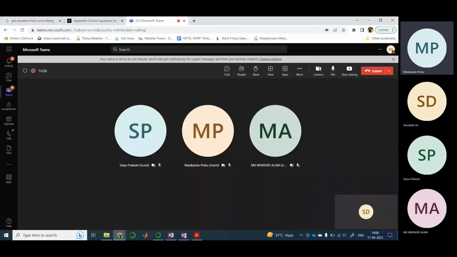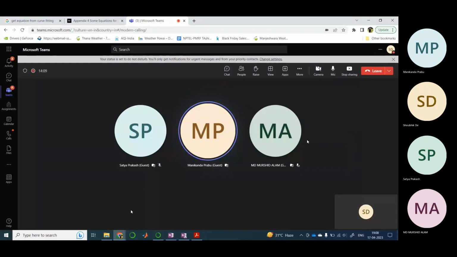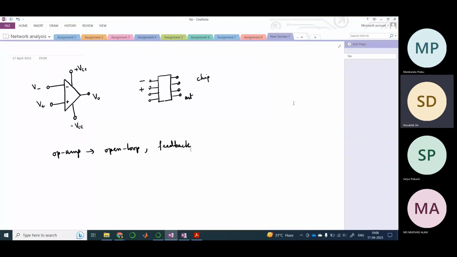To nullify the op-amp gain as well. No, infinite gain. You are talking in terms of the op amp, that is okay. But in general, if anyone asks what you mean by a feedback circuit, it means that the output is connected to the input.